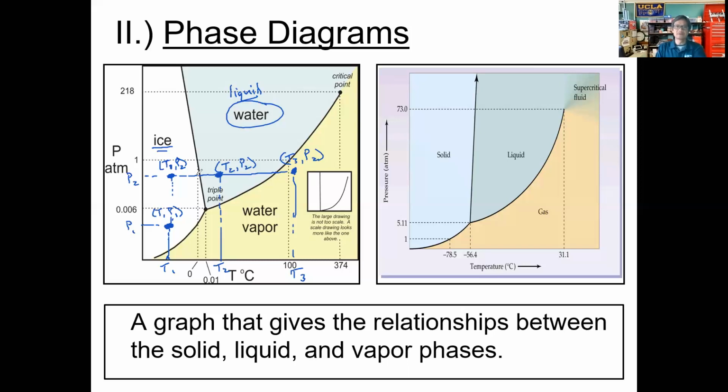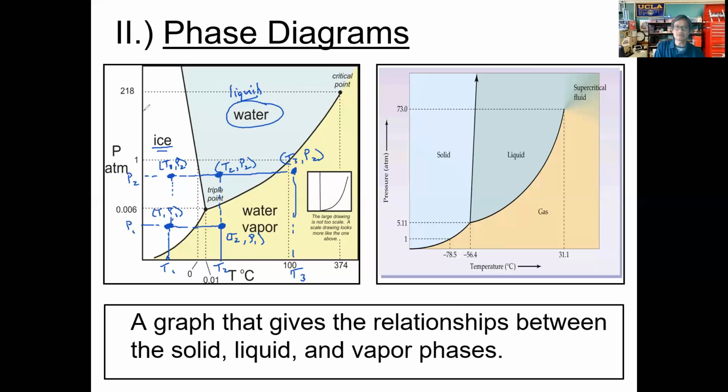But let me ask you to consider this. Let's take this point right here. This is T2, but the pressure is P1. So this is T2, P1. The temperature is the same, but at this pressure we've gone to a lower pressure.